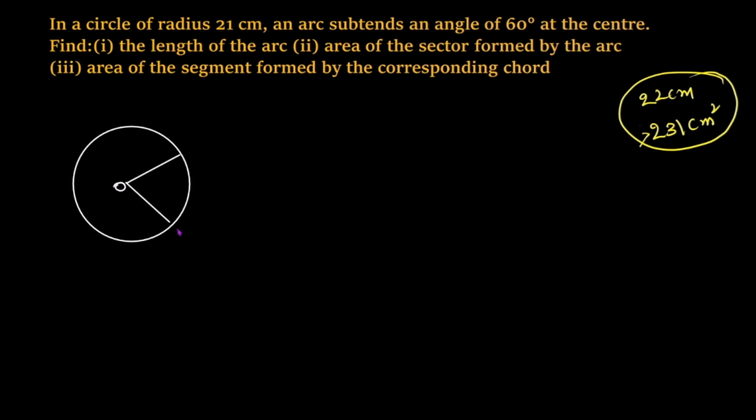Center is O, this is the point A and this is the point B, and along the curve is point R. Now if we join this AB line, this area we call the segment area. How do you get it? The total sector area OARB minus the triangle area of OAB. Subtract the triangle area and we get the segment area.